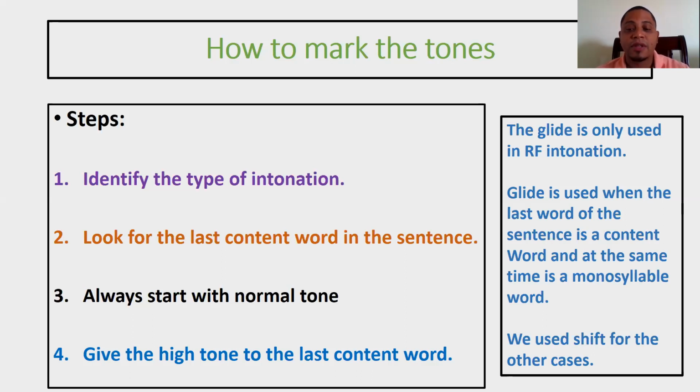All right? Then the shifts are used in both, in rising, falling, and in rising, because a shift is the separation of one tone and another between syllables, okay? Shifts happen between syllables, but glides happen in the same syllable, okay?